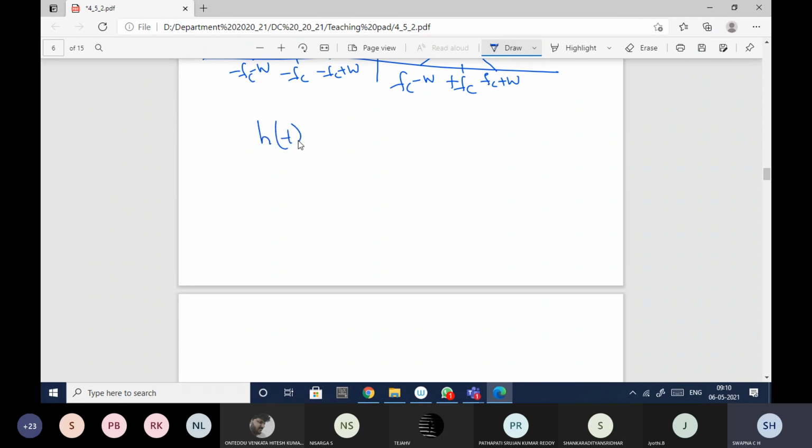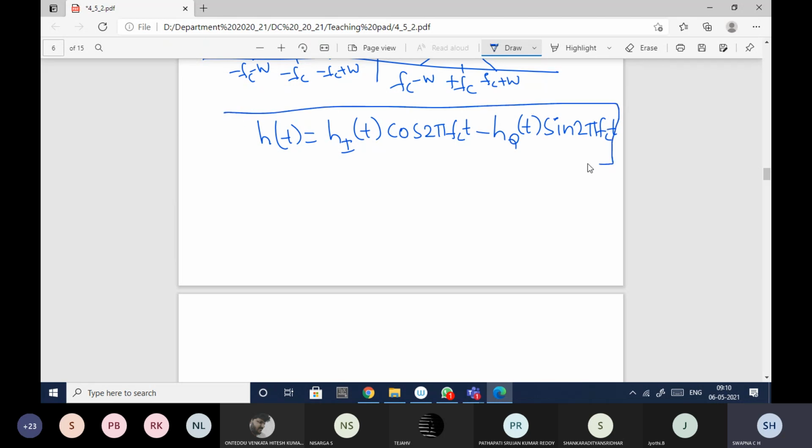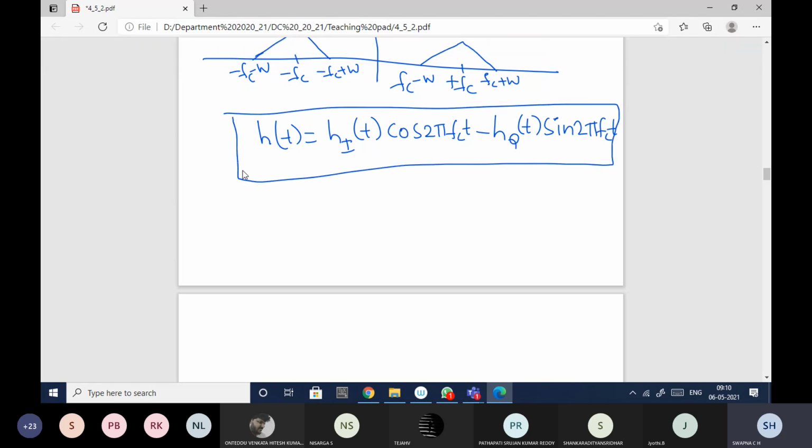H of t is equal to hi of t into cos 2 pi fct minus hq of t into sin 2 pi fct. Why am I writing this? Since it is a bandpass system, I can represent this in the canonical form. In the previous class we have seen how to get the canonical form of the signal. In the same way, the canonical representation of the bandpass system can be written in this way.